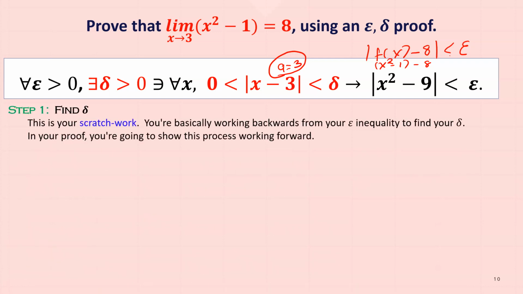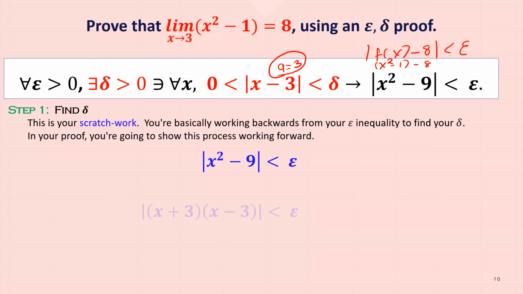Step 1, before we write the proof, is to find that delta. Let's do some scratch work, going backward to find what that delta is for any given epsilon. How do we work backward? In the end, we want x squared minus 9 to be less than epsilon.